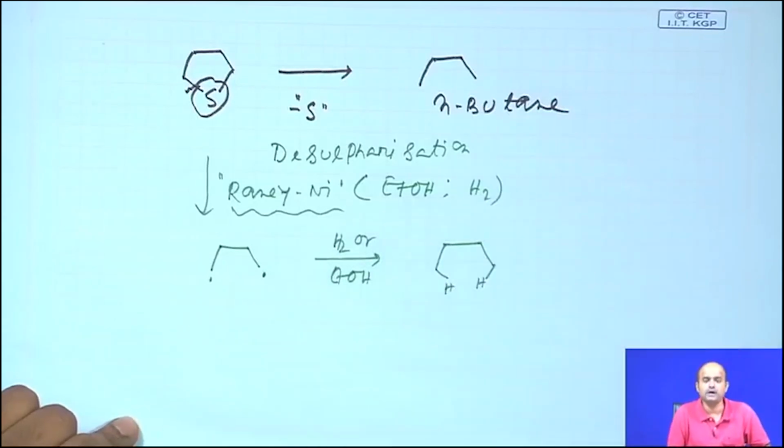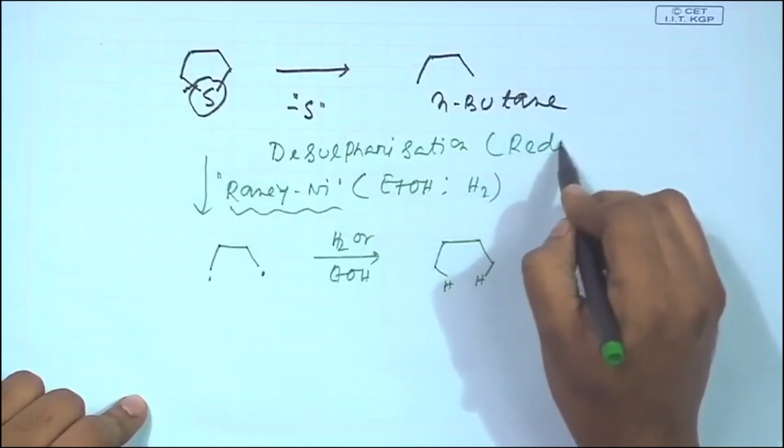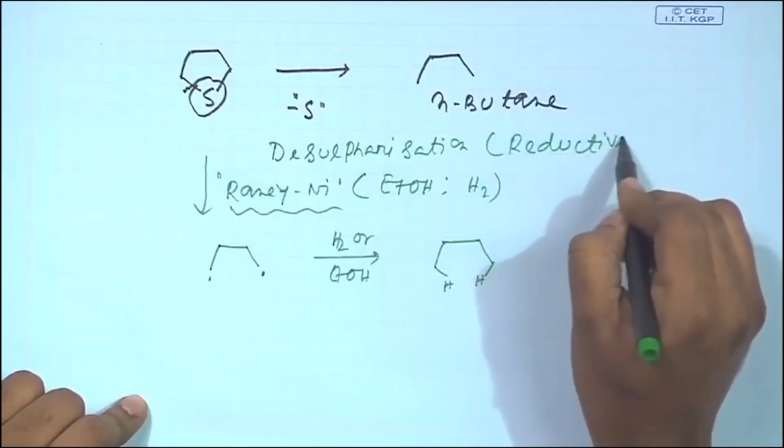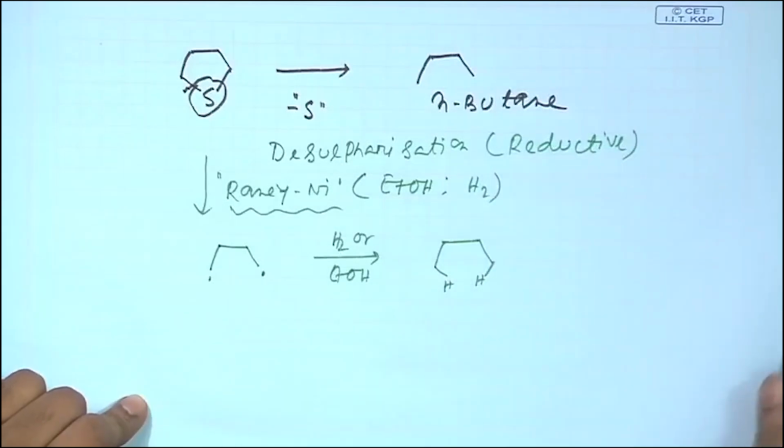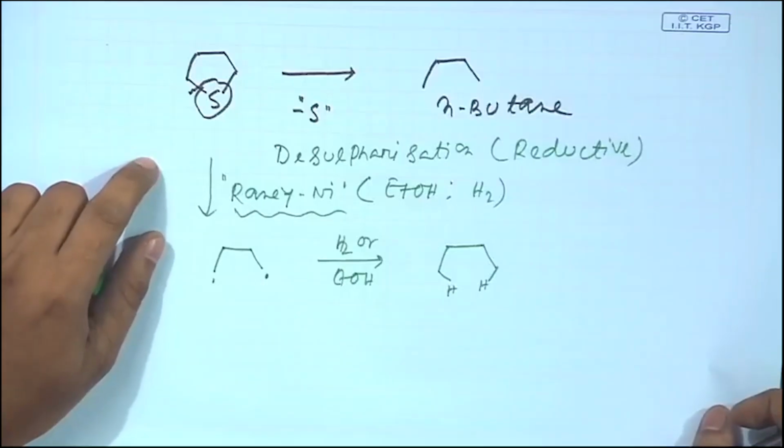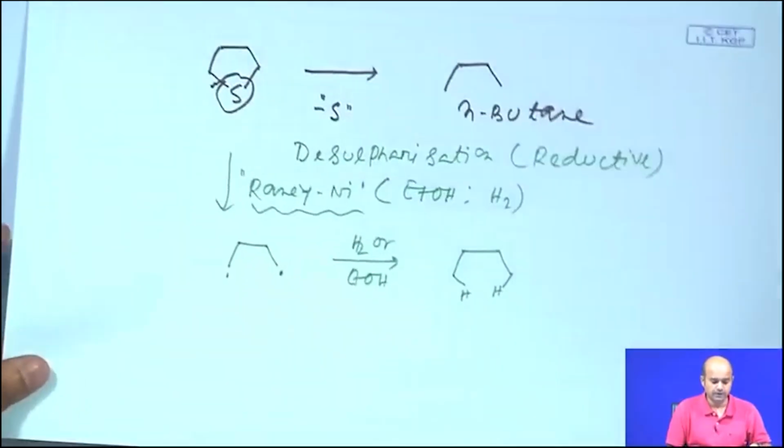So, this particular reaction is called reductive desulfurization. Reductive desulfurization is a very unique transformation, and next we will be using this transformation for a given target. So, this information will be useful for you. Now, let us draw the target molecule.